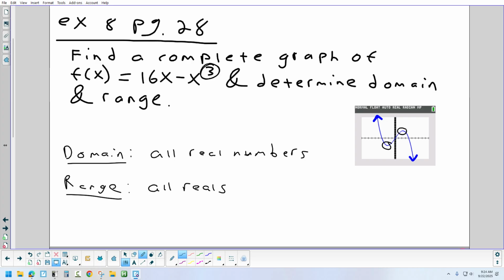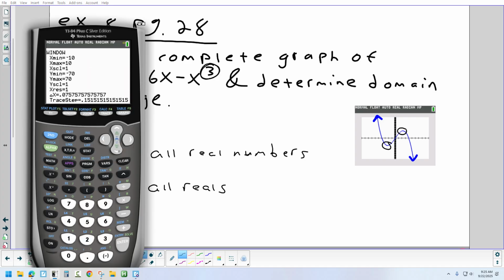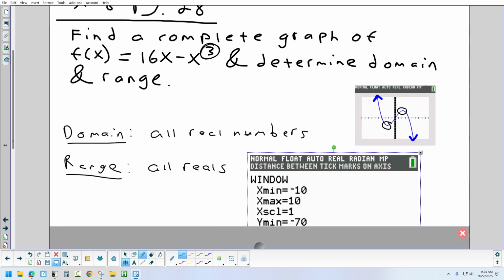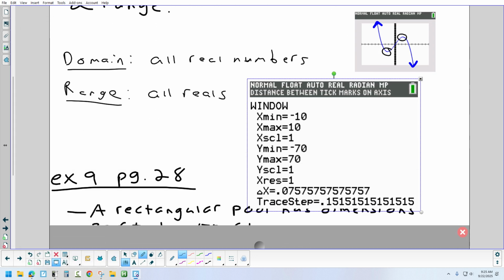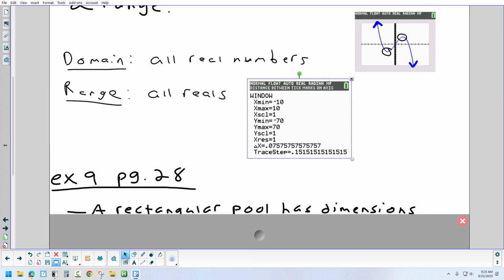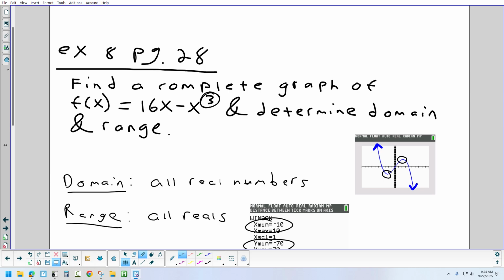That's the same thing as all real numbers. I did not give you the window, but it did ask for that, so there's your window. X min, x max, y min, y max. Okay. Any question on that one?